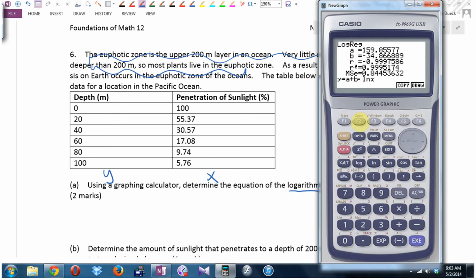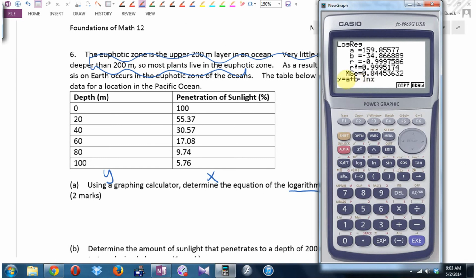Now it gave me a logarithmic equation. Now remember, the format for all of you is base ln, the natural log, b in front, a coefficient, and a plus right there.